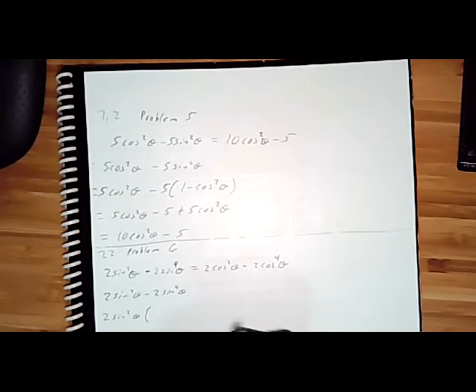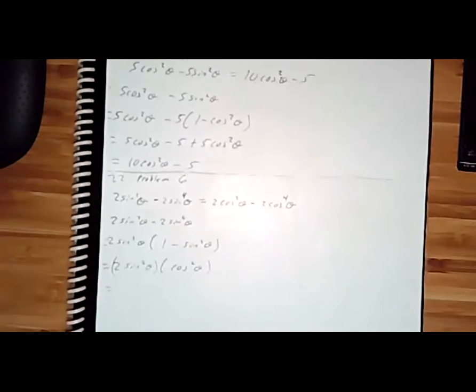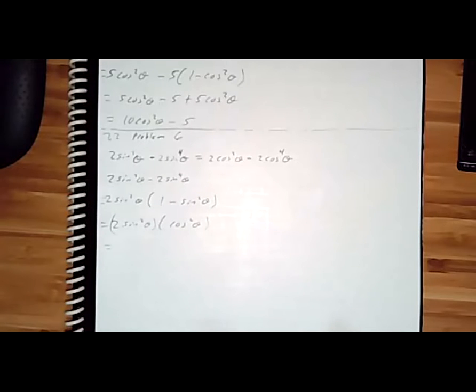I'm gonna factor 2 sine squared, giving me 1 minus sine squared, which would be cosine, right? I can't see what you're doing. Sorry. Yeah, I got there.